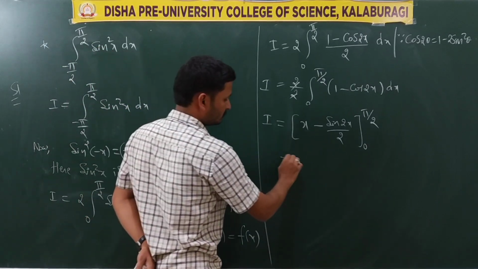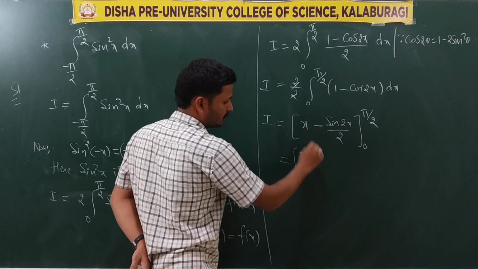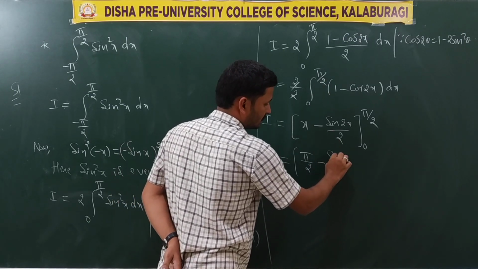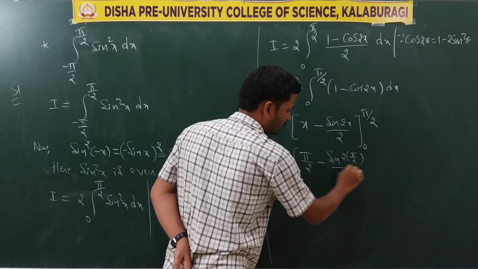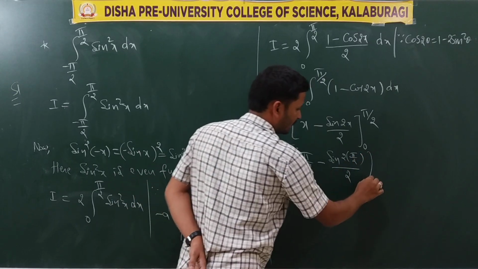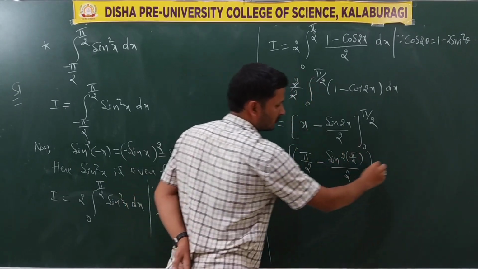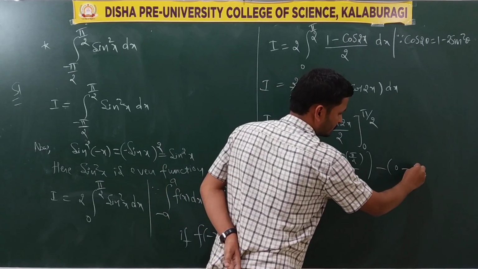Now substituting the upper limit in place of x, we get pi by 2 minus sin of 2 times pi by 2, divided by 2, minus the lower limit: put 0, that is 0 minus sin 0 divided by 2, which is again 0.